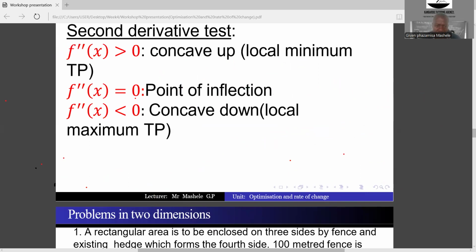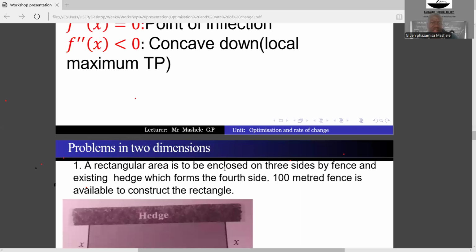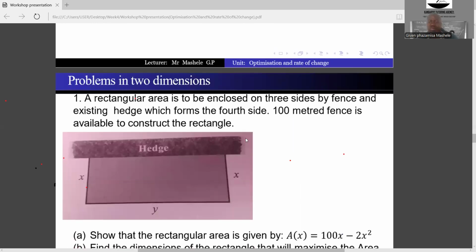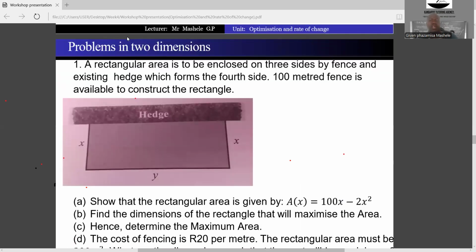The issue of points of inflection and concavity I will address in other sessions. But now I want to take you through the issue of height and distance problems.